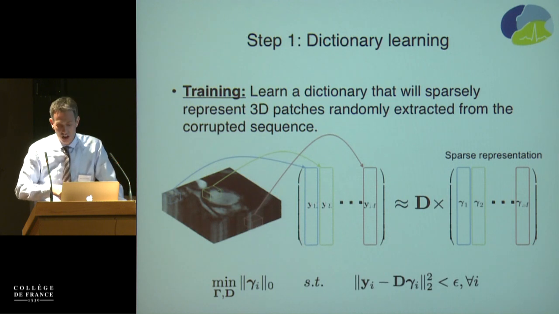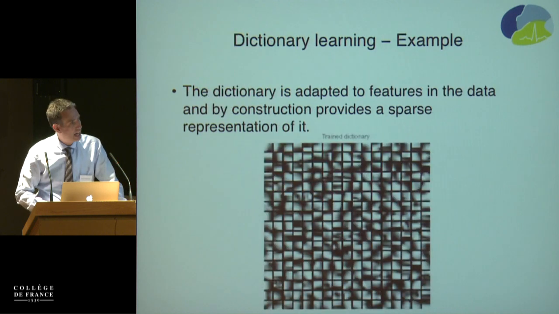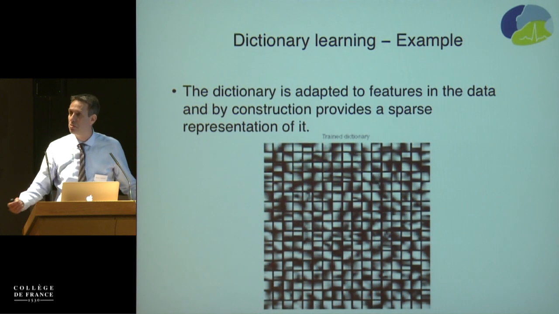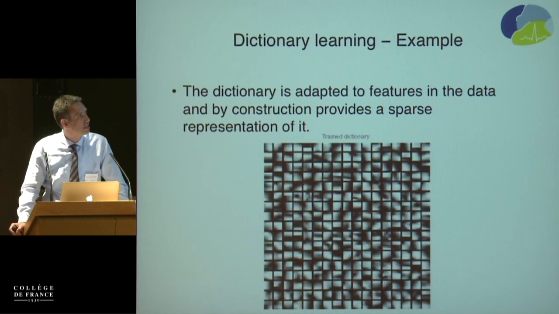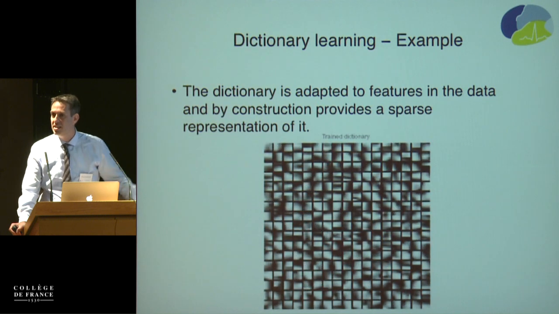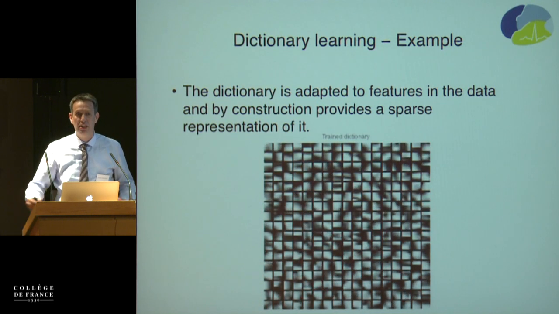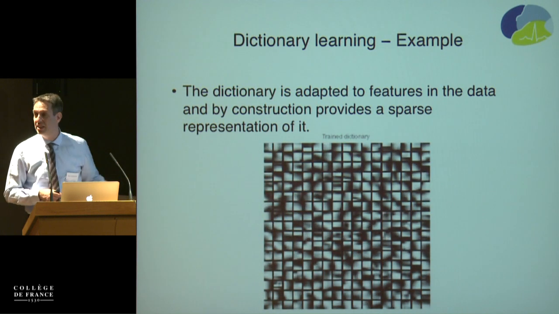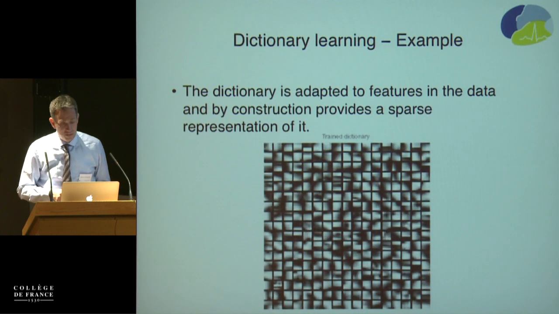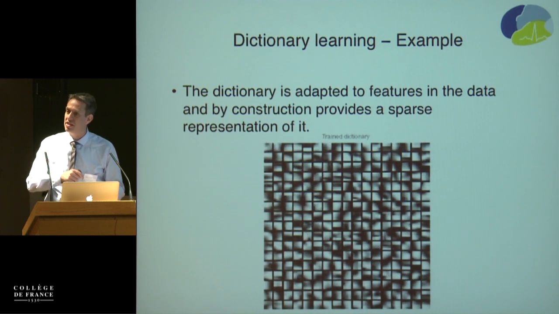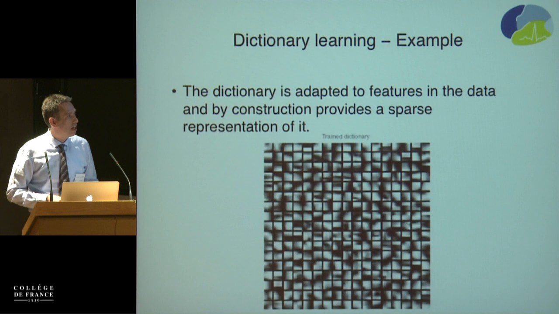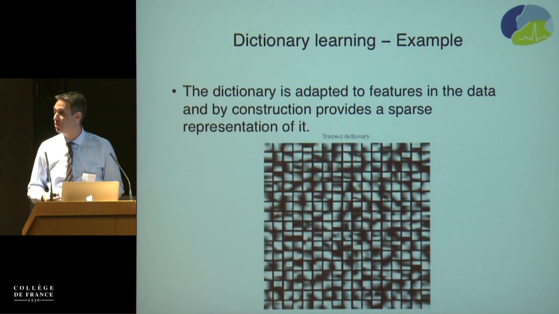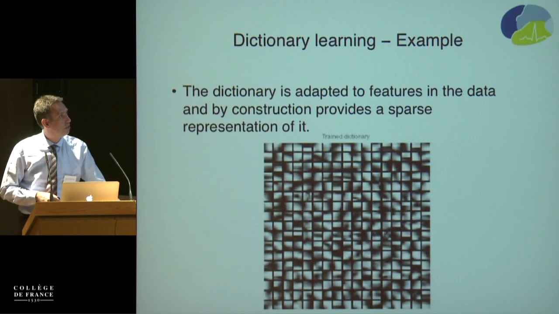So I'm solving this optimization problem. And by solving this optimization problem, I get a dictionary which looks like this. You can see that this dictionary is not static because I'm dealing with a cine sequence, so I'm dealing with objects which move. So you can actually see that this dictionary consists of small patches, and if I stitch them together and combine them in a sparse fashion, I can recover the full MR image which I'm looking at.